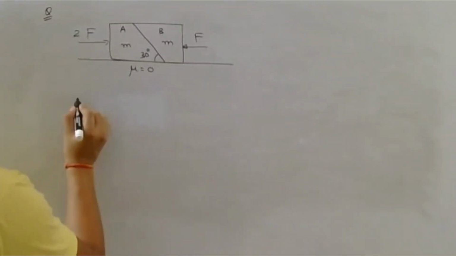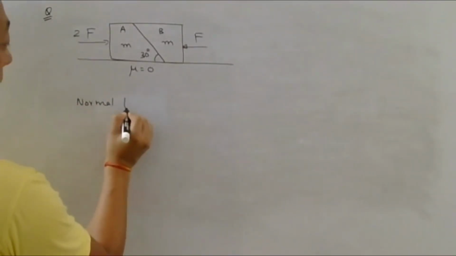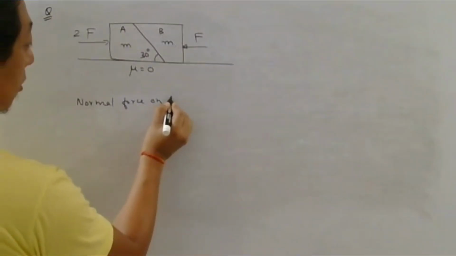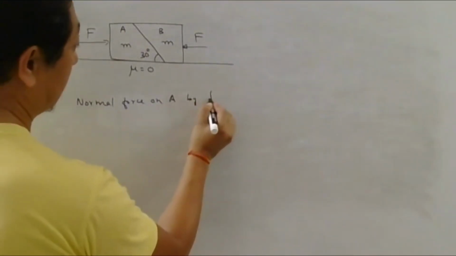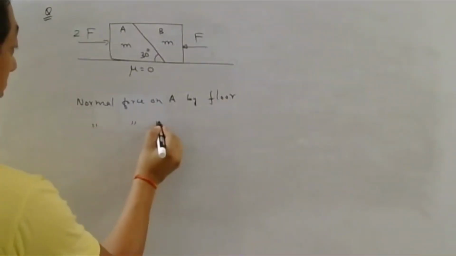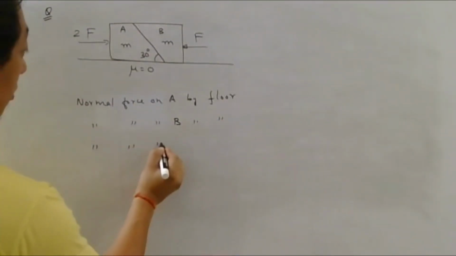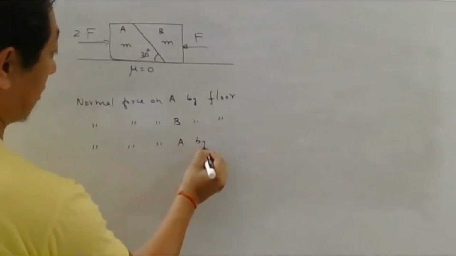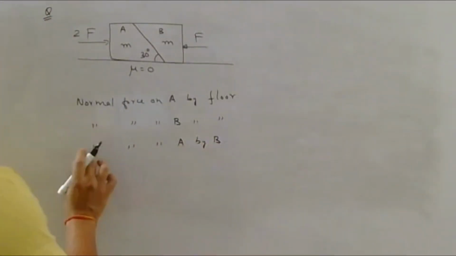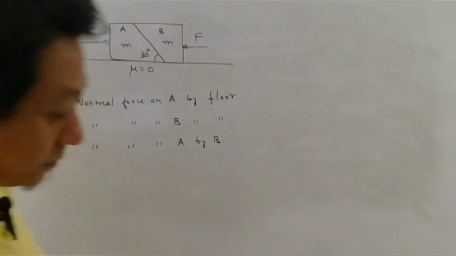So you are supposed to find the normal force on A by the floor, the normal force on B by the floor, and the normal force on A by B. Sometimes we call this contact force, but it is normal force if it is smooth.